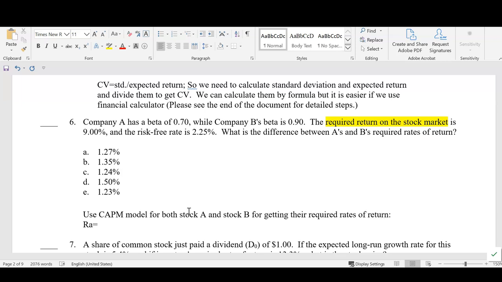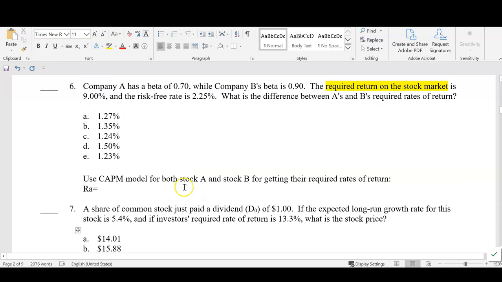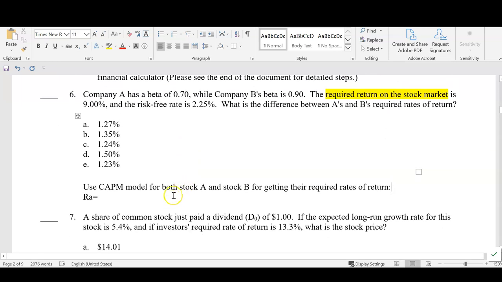If we want to know their difference, then we need to calculate them one by one, right?